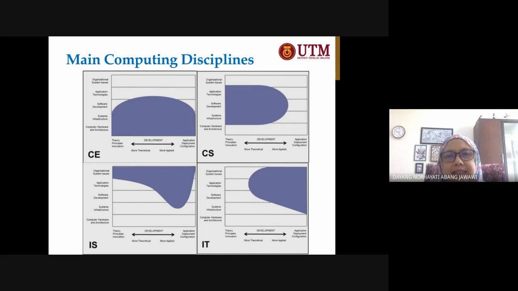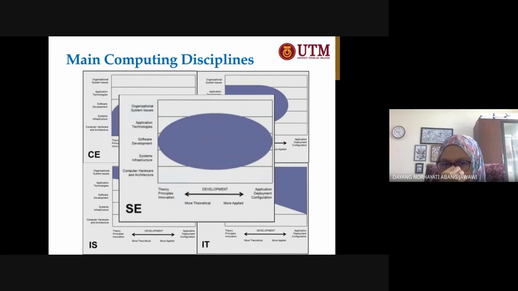Okay, that is from the computing curriculum structure. But when we're talking about software engineering, it is in the middle.